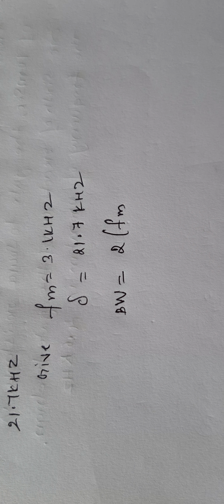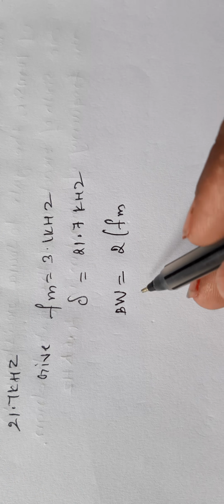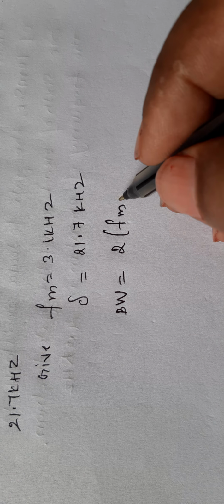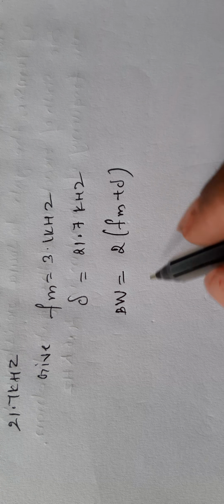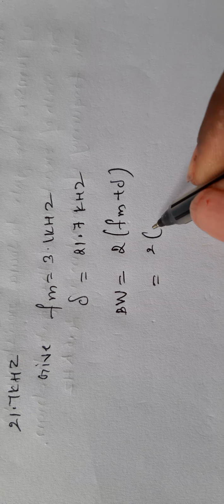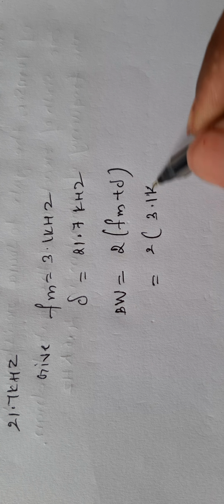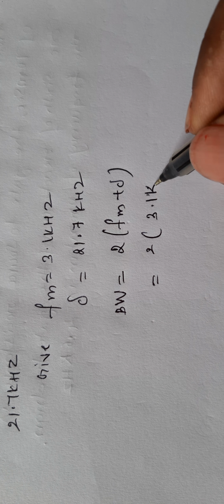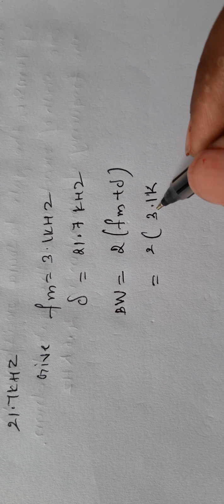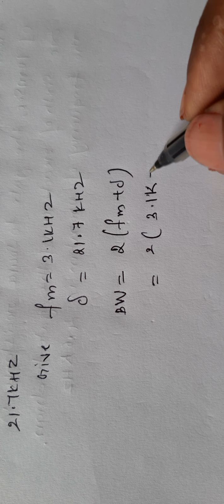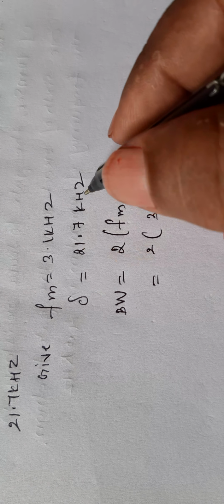Whereas in frequency modulation there is a carrier deviation. The bandwidth is represented as 2 into FM plus delta. Therefore, that is equal to 2 into FM, which is 3.1 kilo, that is 1000, mind it. 3.1 kilo means 3.1 into 1000. Plus the carrier deviation, which is also in kilohertz.